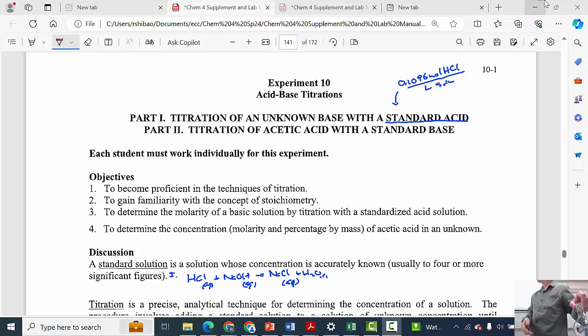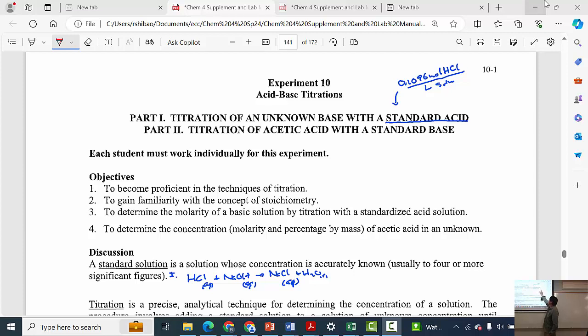One of the easiest ways of expressing the composition is by percent by mass. How many grams of sodium hydroxide, how many grams of water, or how many grams total would be percent by mass. There are other ways of expressing the composition, and probably the most common one is molarity for solutions.